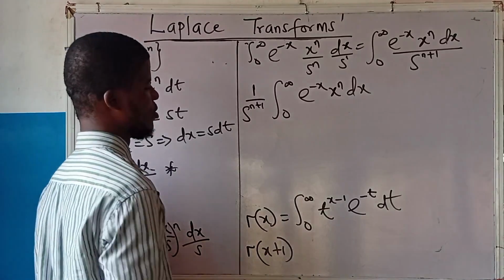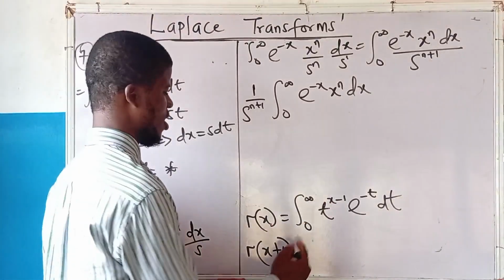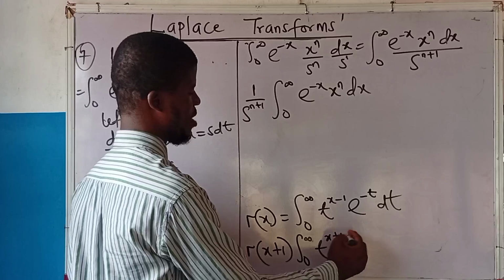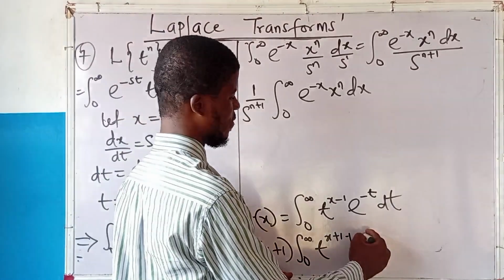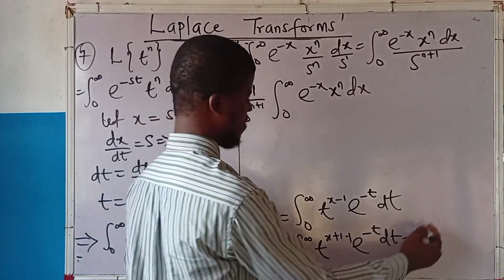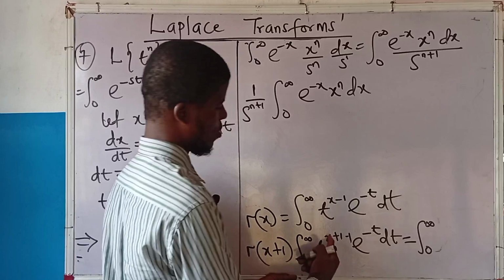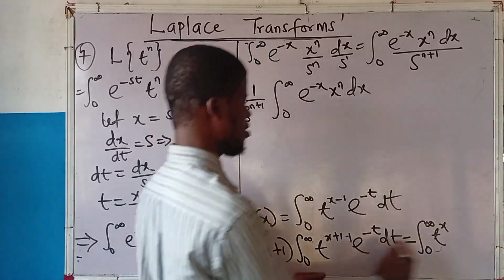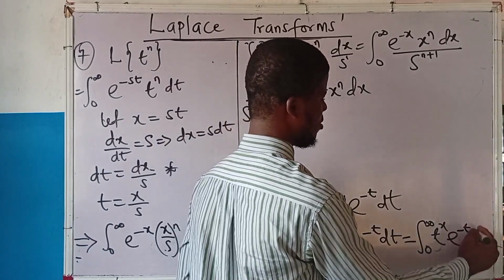It's just to replace this x with x plus 1. So we have the integral from 0 to infinity of t to the power of x plus 1 minus 1, e to the power of minus t dt. 1 minus 1 is 0. So we have the integral from 0 to infinity of t to the x, e to the minus t dt.